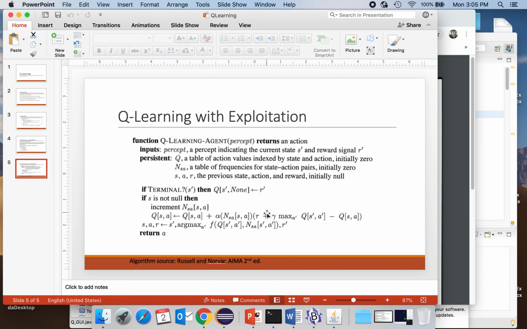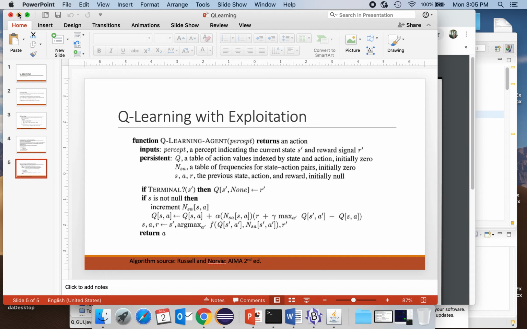And then we calculate, we update our table, and then over here, this is the function f that we talked about a moment ago, where we have the frequency count of how many times we have explored something in state S given action A, and here is the utility of our utility table. So we plug these things into a function, and we get something out of it.